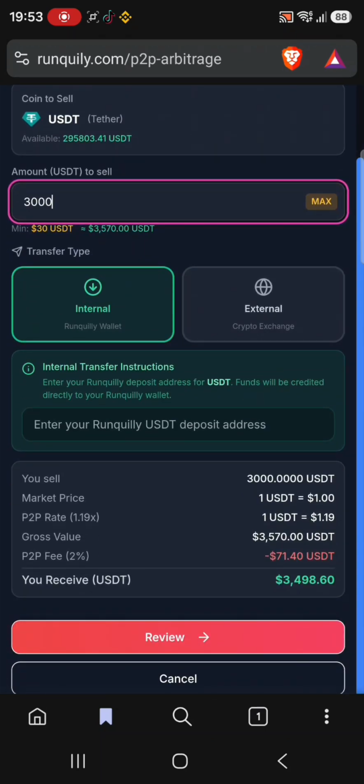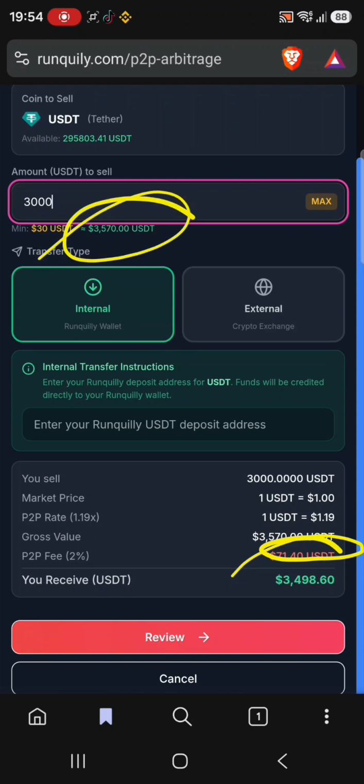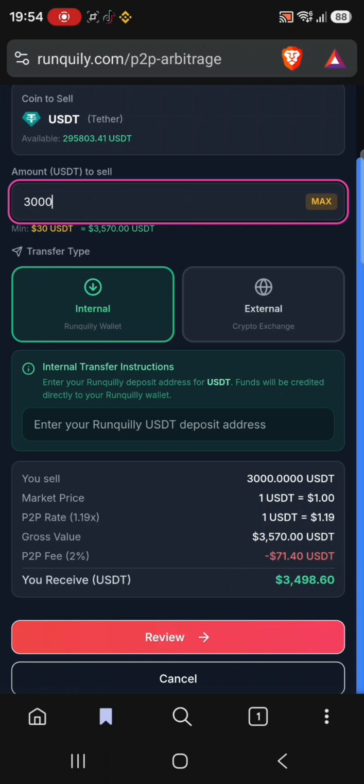You can see the P2P fee here is 71.40. Let me circle it. So you could have been paid 3,570 if it was P2P only. But if you add arbitrage, that means Ranquilly comes in and it will charge you.